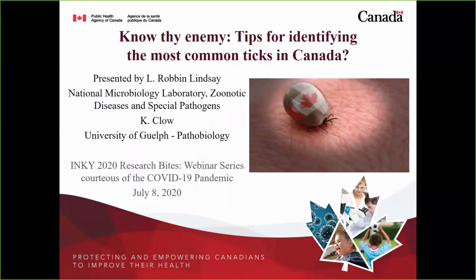This week, my friend Robbin, who is a research scientist with the Public Health Agency of Canada in the Zoonotic Diseases and Special Pathogens section of the National Microbiology Lab in Winnipeg, is going to be focusing on the diagnostics, surveillance, and basic and applied research with regards to tick identification.